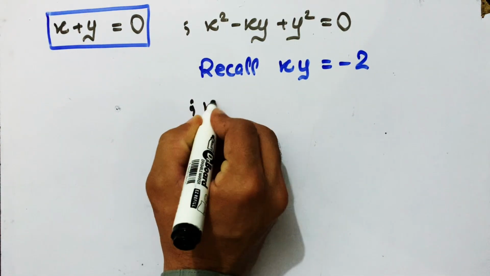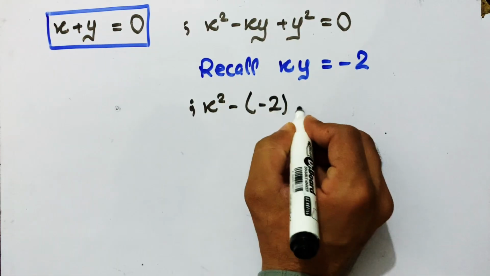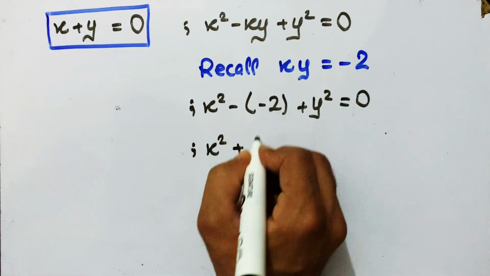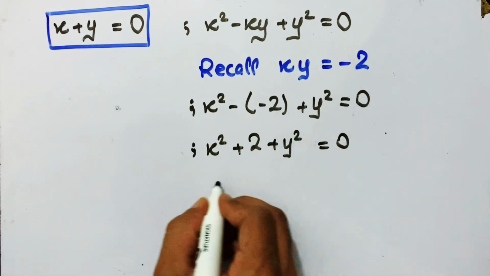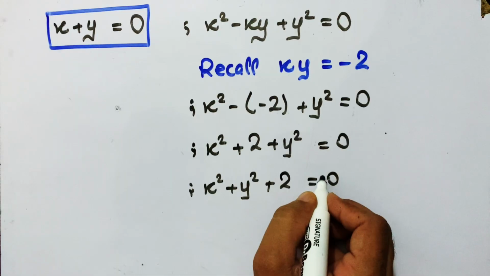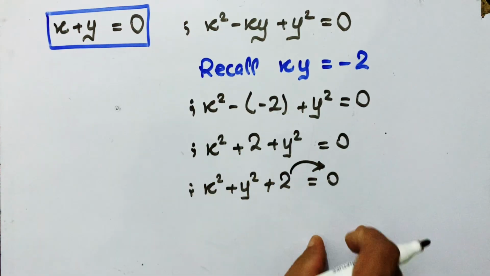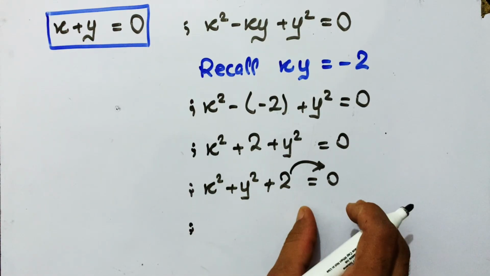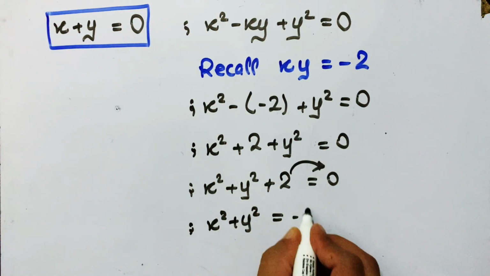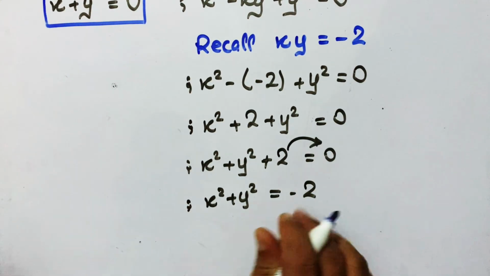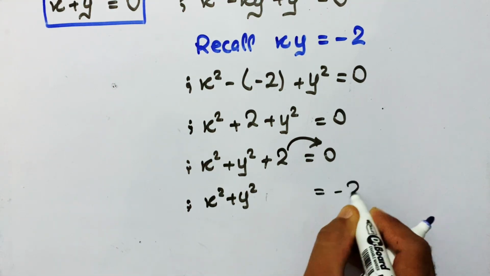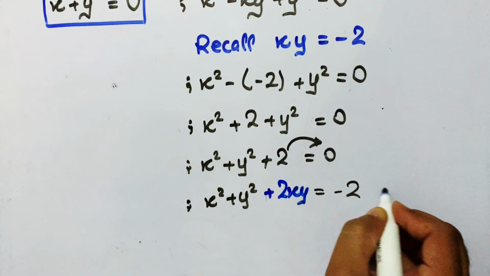So x square minus (minus 2) plus y square equals 0. Rearranging, x square plus y square plus 2 equals 0. Transferring the term to the opposite side, x square plus y square equals minus 2. Now I am adding 2xy to both sides.